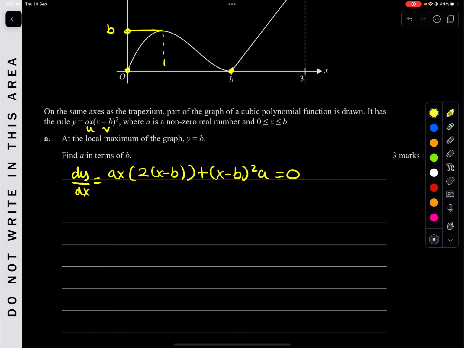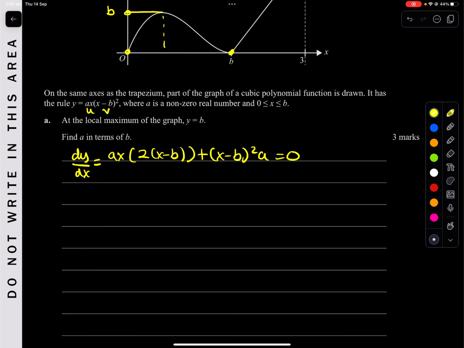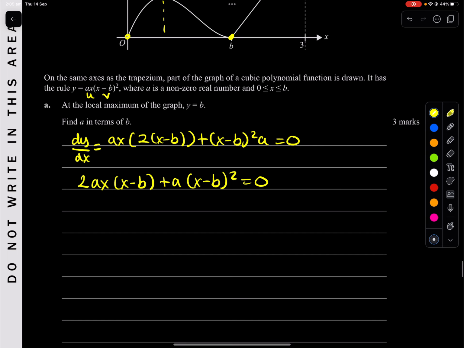We want to let this equal 0. Let's simplify that more. So 2ax(x minus b) plus a(x minus b) squared equals 0. Let's take a common factor of x minus b out. So it'll be 2ax plus a(x minus b) equals 0.